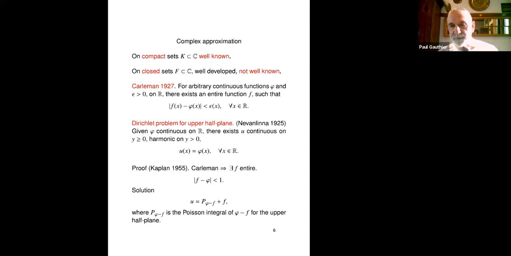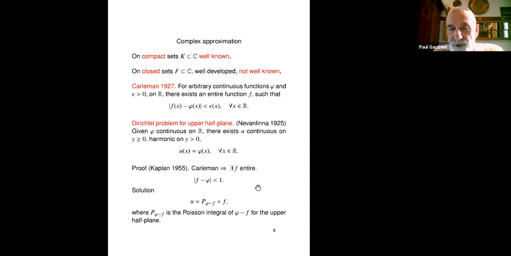Well, Nebelung proved that the answer is yes, but a proof using this approximation theory was given only in 1955 by Kaplan, and it's short. Here it is. Carleman's theorem tells us that there does exist an entire function f which approximates the data on the real line to within, say, epsilon equals 1.